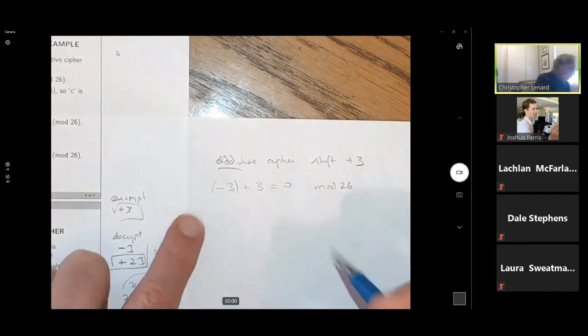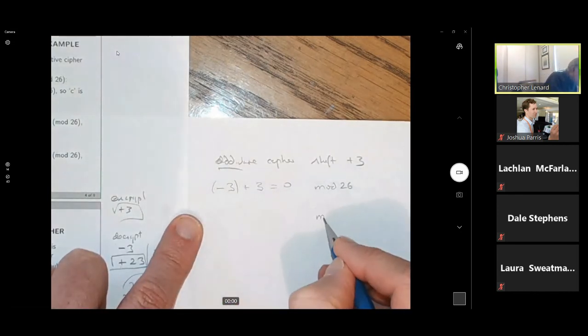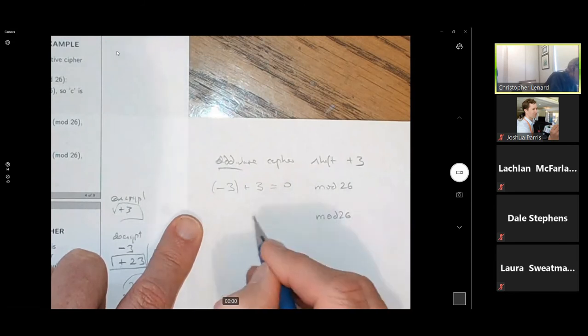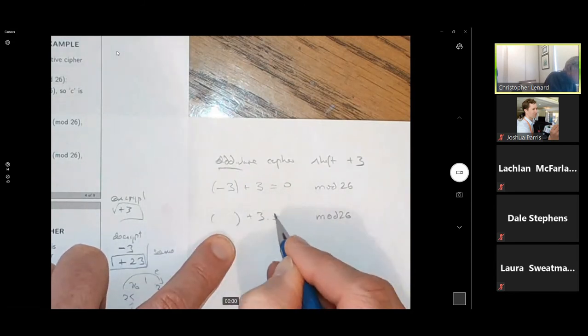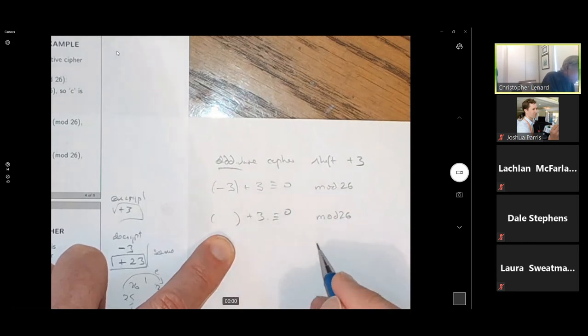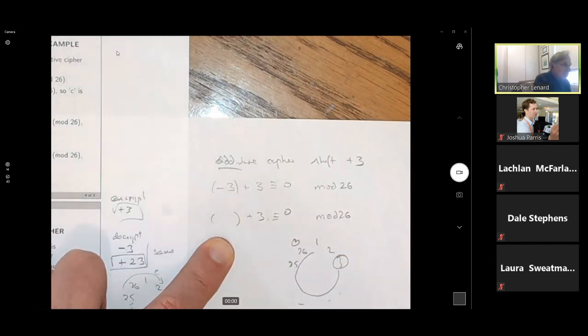So if I ask you, in the MAT1MIT system, what do I have to add to 3 to give you 0? Here's 1, 2, 3, ... 26, 25. I start with 3. What do I have to add to give 0? Remember, 26 and 0 are the same.